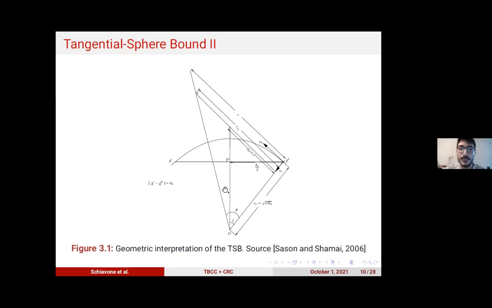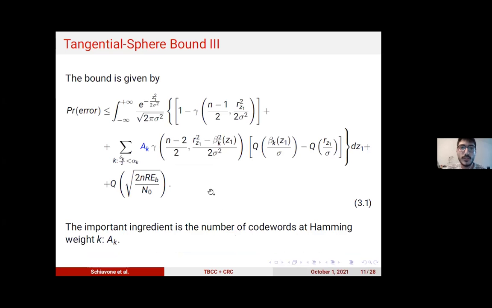And I will not do all the derivations with you, but it's just to tell you what these strange equations are telling us. There are some components inside this tangential sphere bound. One is the case in which our noise is so strong that we are outside the cone.